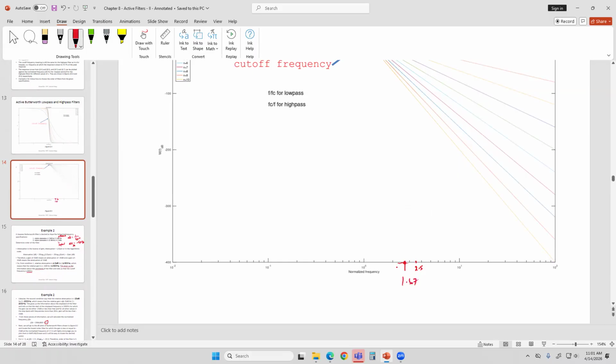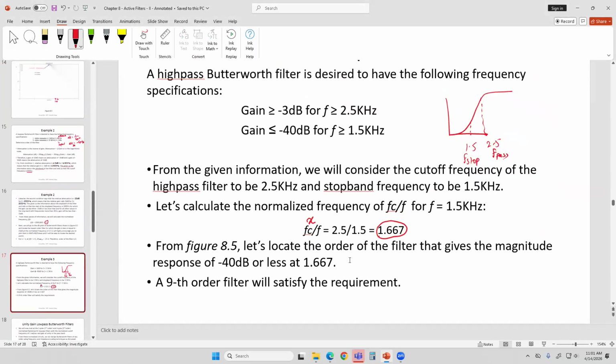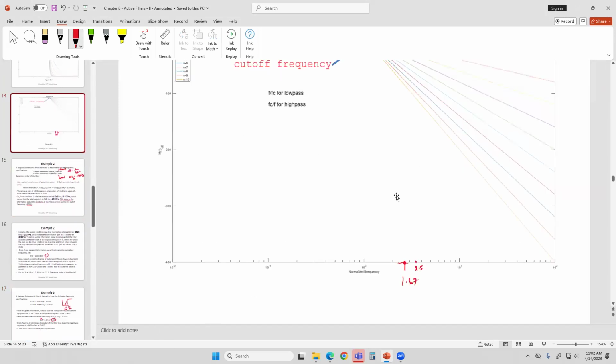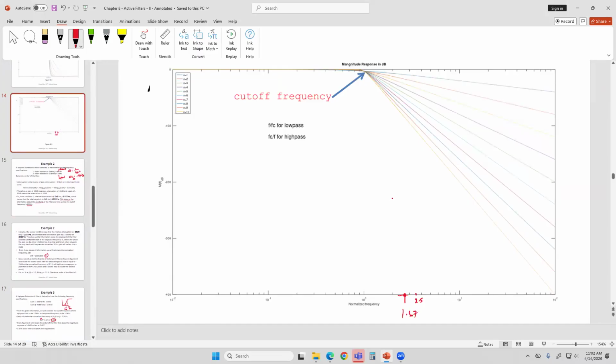Now we're going to go up and observe which one is the first line from the top that satisfies the condition for negative 40 decibel or less gain. And for that, I found that the 9th order filter was satisfying the condition, which is this line somewhere. The 9th order filter was the first one that was satisfying the condition.